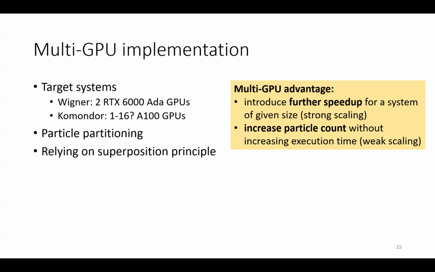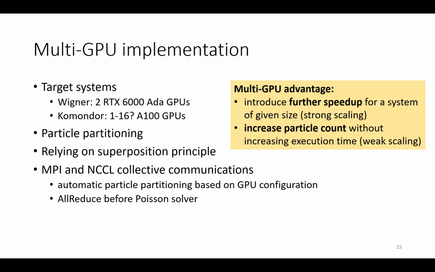So each GPU can work independently on a particle partition of the system, and we just have to merge the density before the Poisson equation solver, and then we can continue with the next step. We used MPI for the general data distribution and also to support multi-node execution, and also NCCL, or Nickel, the NVIDIA collective library, for NVLink-based communication. And basically the key step is the all-reduce operation before the Poisson solver.